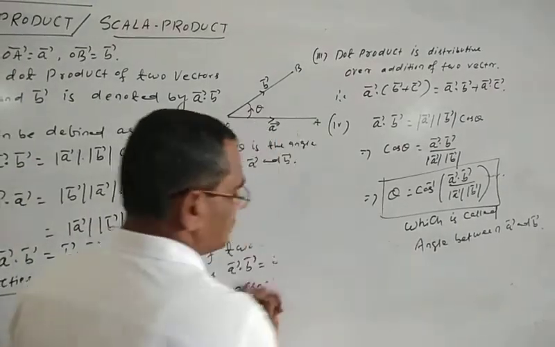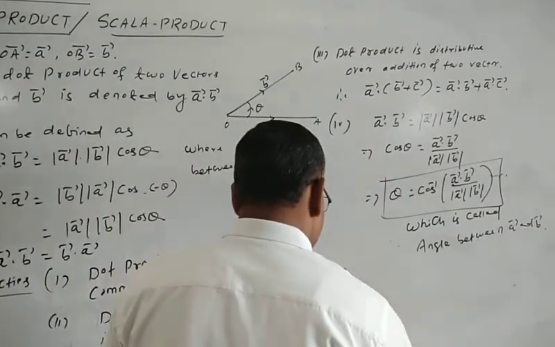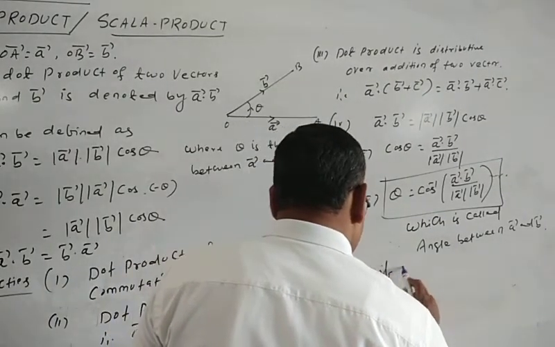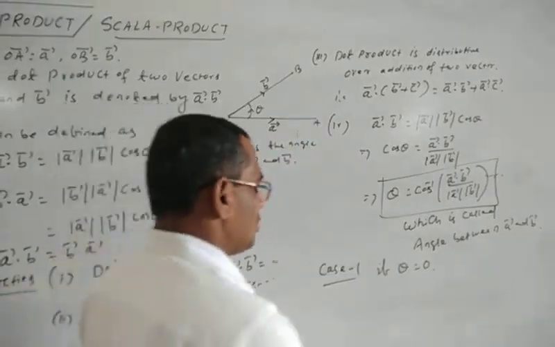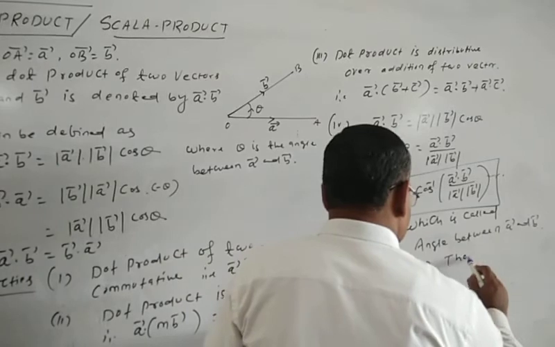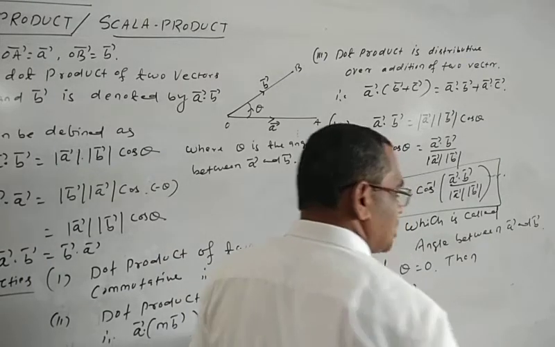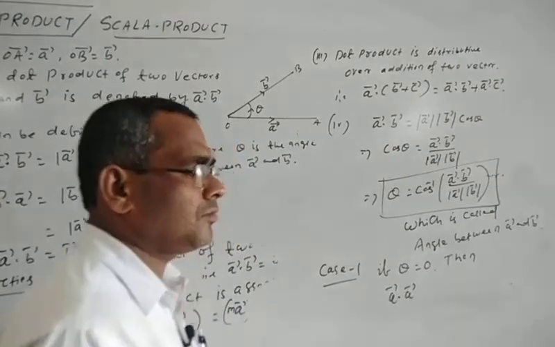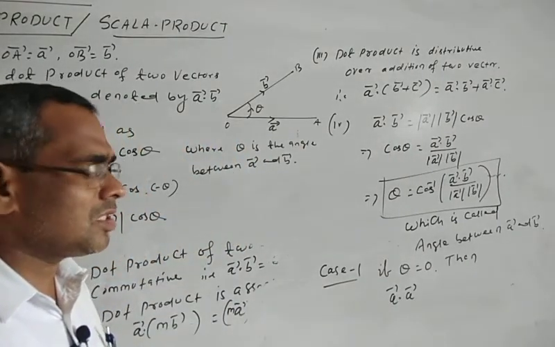Okay. So in case 1, if theta is equal to 0, then A vector dot A vector, theta 0 means two vectors are parallel. Okay, so same vector always parallel.